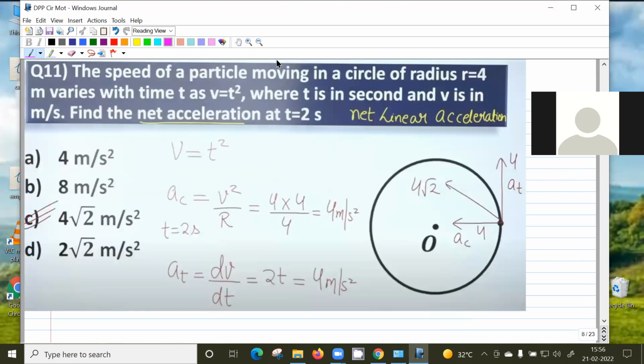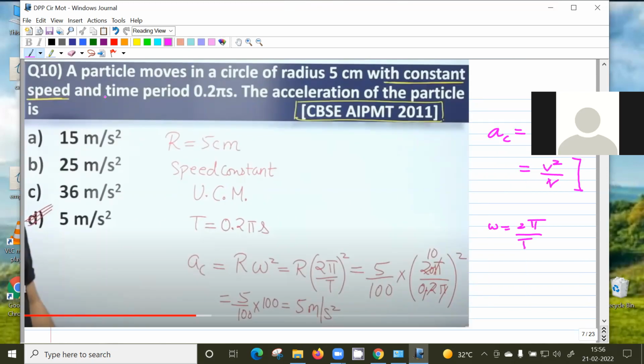This one, the speed of a particle moving in a circle of radius r. Sir, r alpha only will be there, no? That is for tangential acceleration. See, this is constant speed, no? The alpha is 0. What is r alpha, tangential or radial acceleration? You can get that from the units itself.